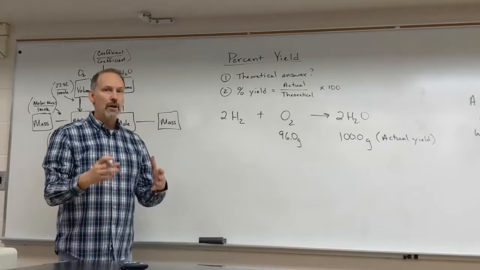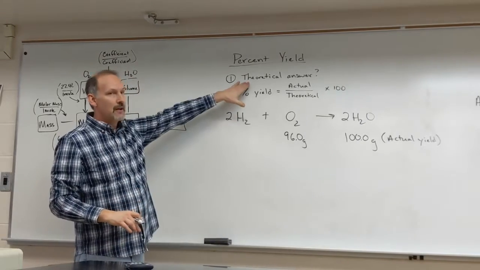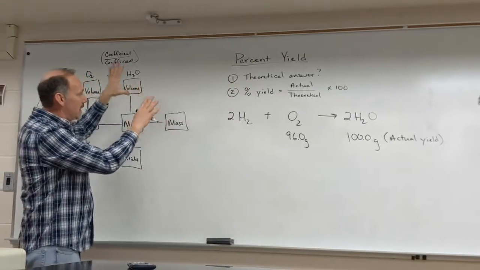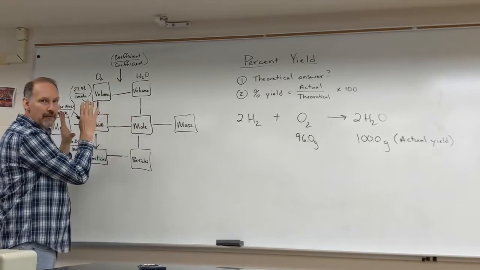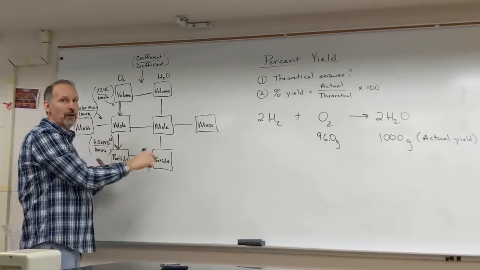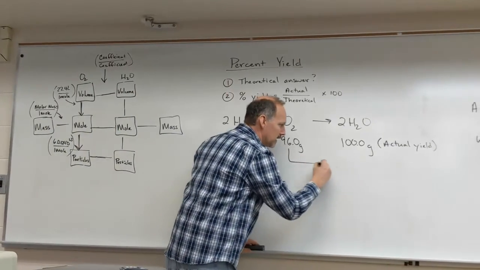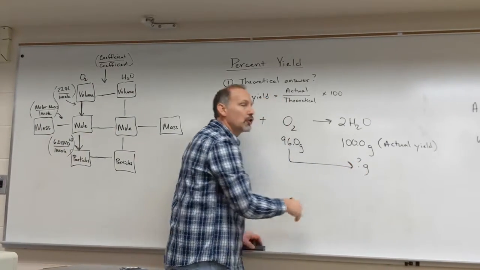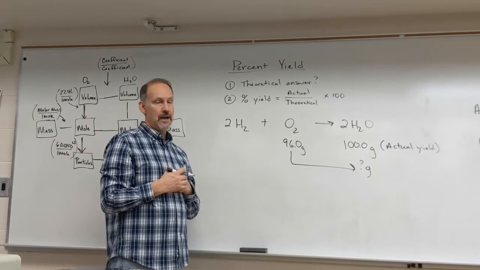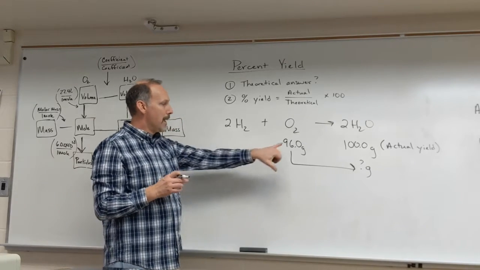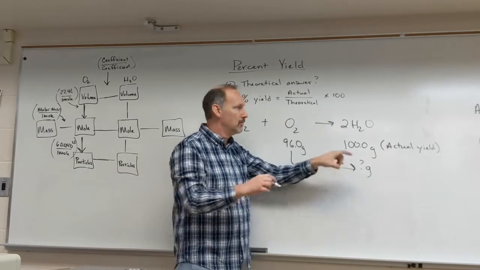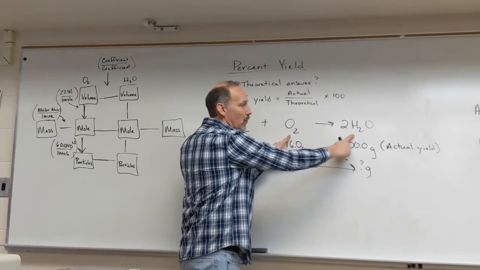There we go. So let's do the problem. We're going to do step one. Step one, a theoretical answer, is what comes from a flow chart. These are theoretical possibilities. So I want to find out theoretically how much water could we have made. Okay? So we're going to do a mass to mass problem with oxygen and water.